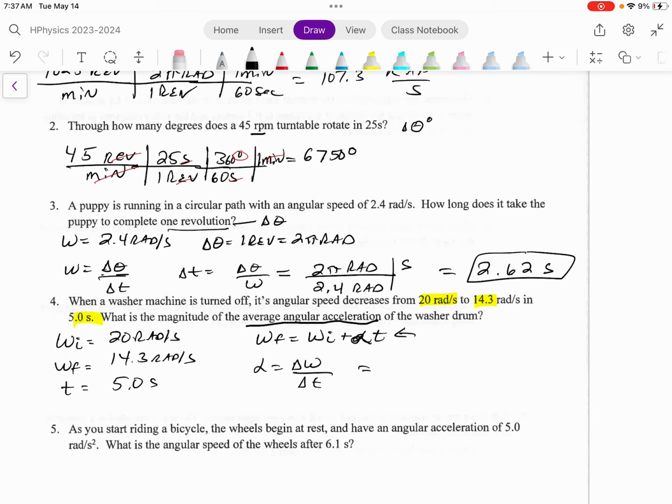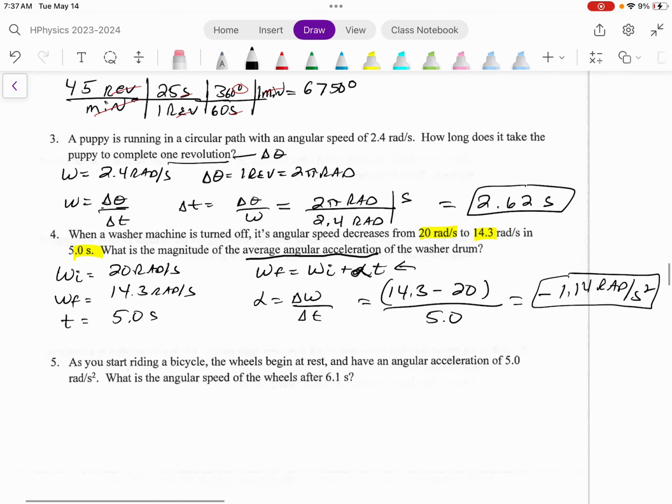The change is the final 14.3 minus the initial, which is 20, and that's in rads per second. I'm going to divide by 5 seconds, which will give me rads per second squared, which is what I expect for an angular acceleration. If I plug that in, I will get a negative 1.14 radians per second squared. Makes sense that it's negative because it's slowing down.